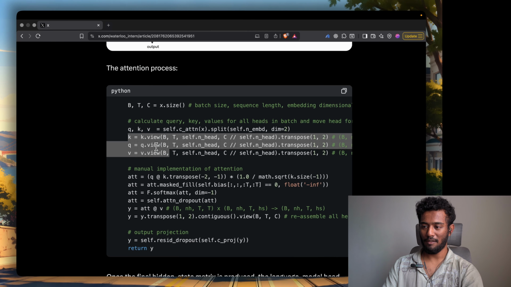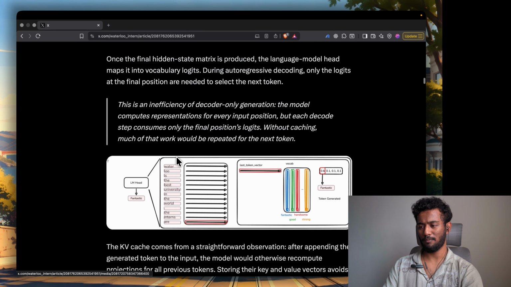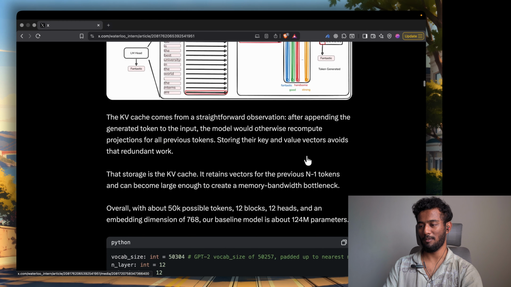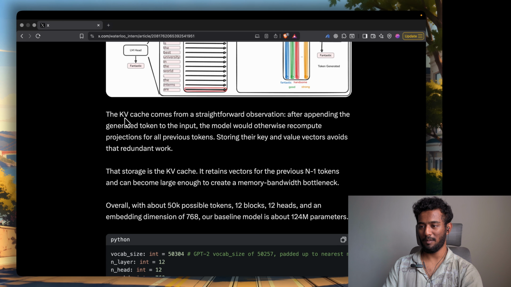If you notice here, we have to calculate this KQV every time we want to get the answer. So this is kind of a seed for the future, where things like KV caching came about, where you can save a lot of memory and also increase throughput. As he has mentioned here, the KV cache comes from a straightforward observation.